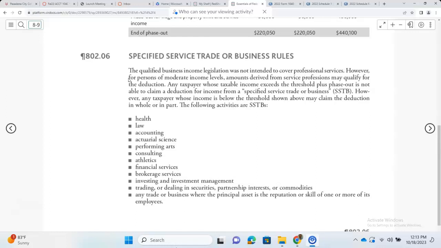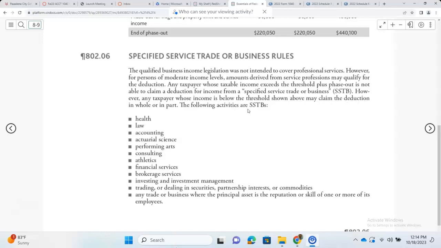However, for persons of moderate income levels, amount derived from service professions may qualify for the deduction. Any taxpayer whose taxable income exceeds the threshold plus phase out is not able to claim a deduction whatsoever. However, any taxpayer whose income is below the threshold shown above may claim the deduction, in part or in whole.